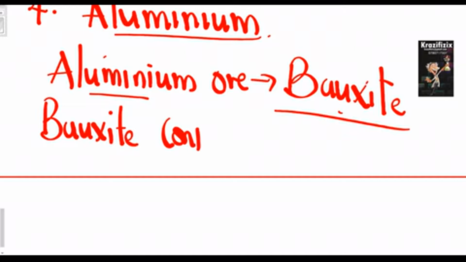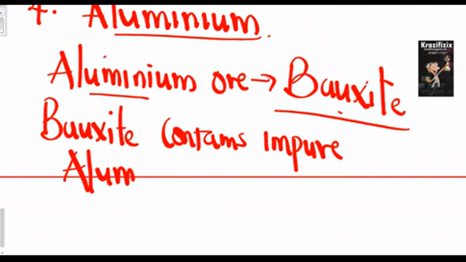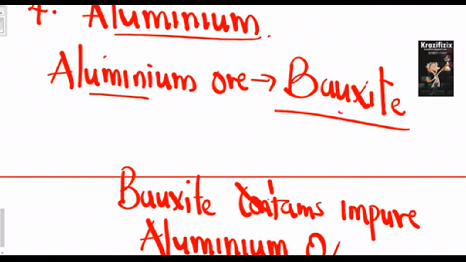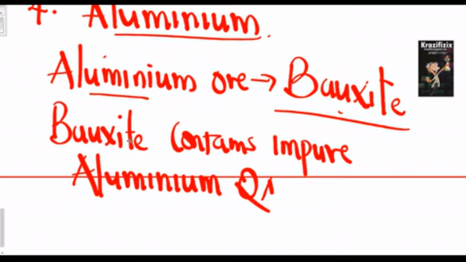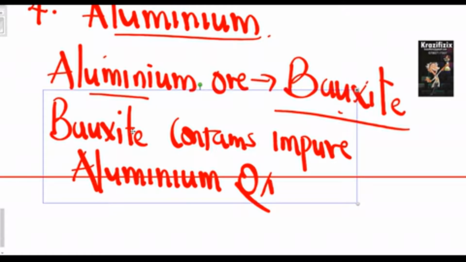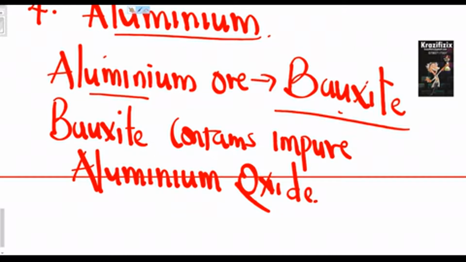This bauxite contains impure aluminium oxide, which is Al2O3.